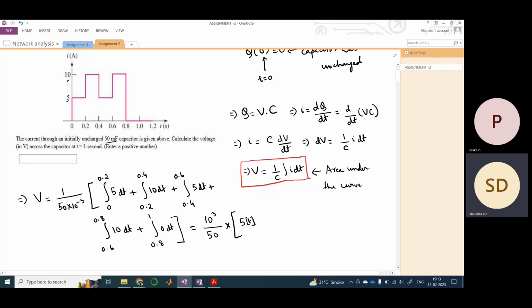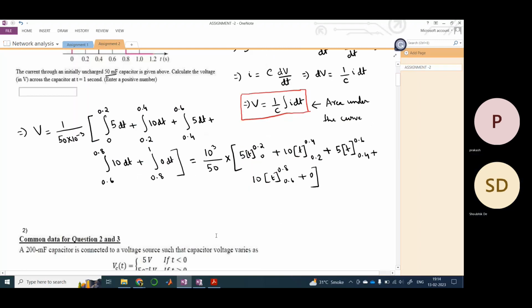So t over a limit of 0 to 0.2, then over a limit of 0.2 to 0.4, then 0.4 to 0.6, then 0.6 to 0.8. Finally this would be 0, so I am not writing it because the current is already 0 here.